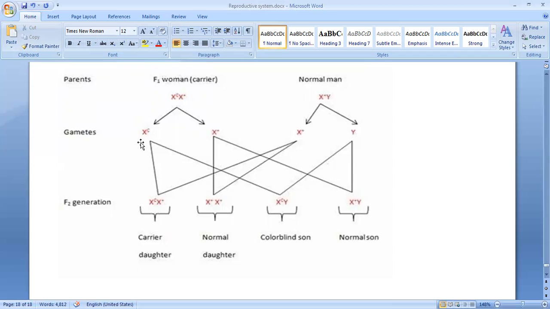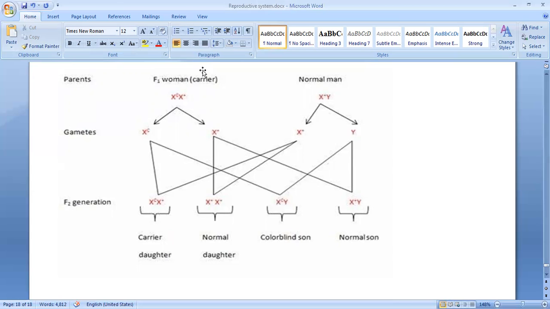This XC of the woman will combine with the Y of the man. The XY set indicates it is a son, a boy. Because that X chromosome is carrying the color blindness gene, and the Y will not carry it, the X is the one carrying it. So because the color blindness gene is there on the X, this son who is born will be colorblind.